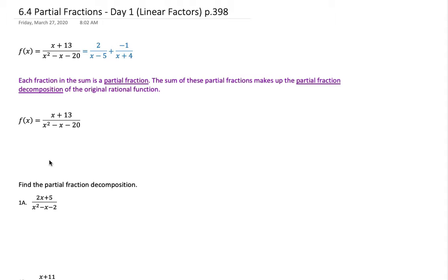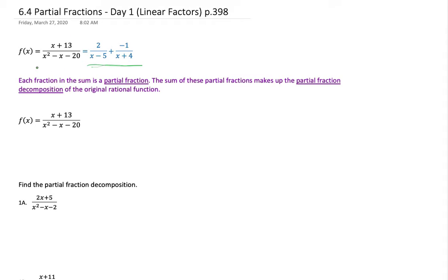If you look at what I wrote right here, you have f of x equals x plus 13 over x squared minus x minus 20. Now we know how to take this and add it together to get this.